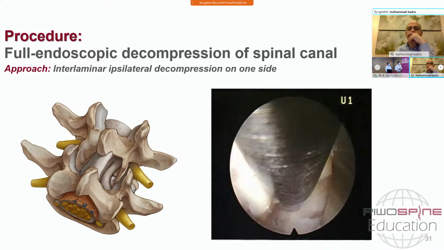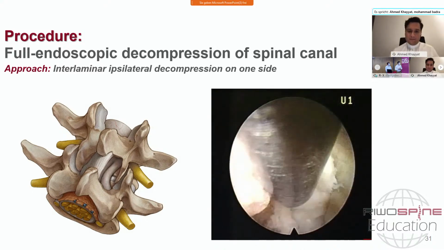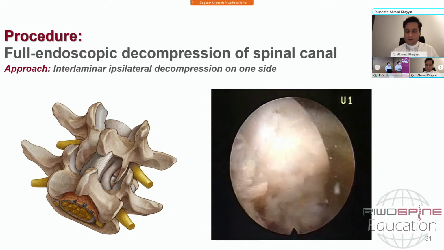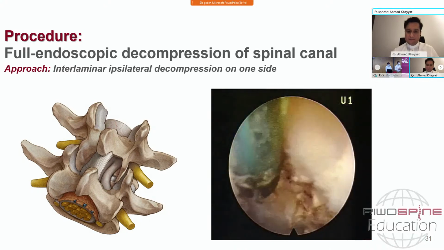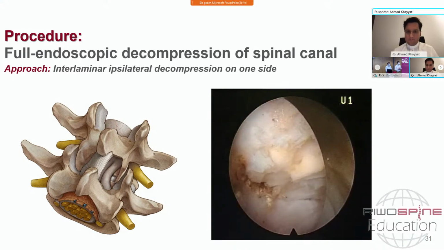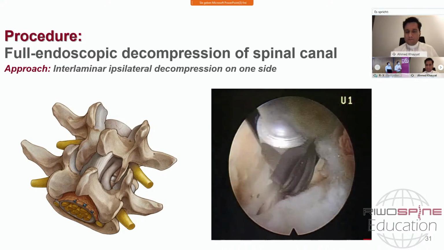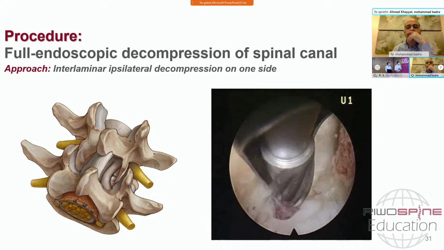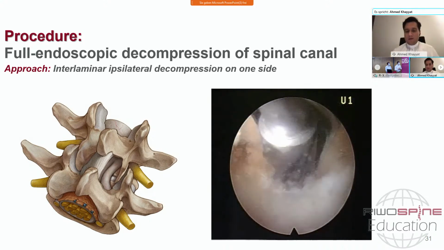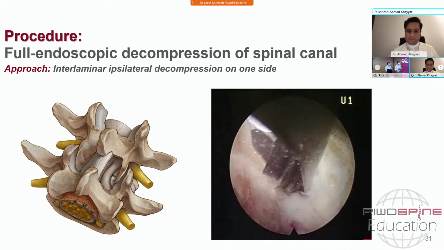Now you can just thin the flavum ligament to see more from the part of the ascending facet. So now this is starting the drilling from the tip of the ascending facet, going laterally and caudally.